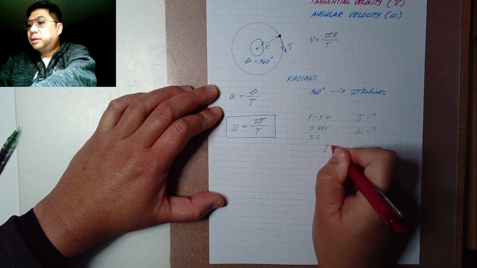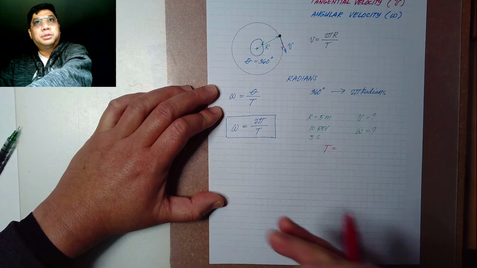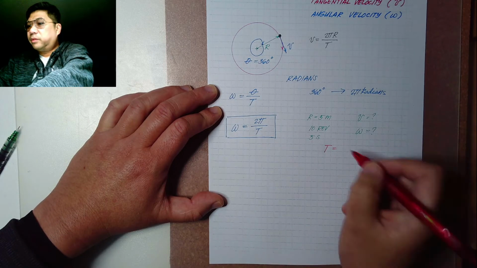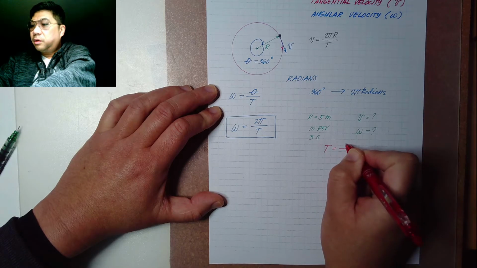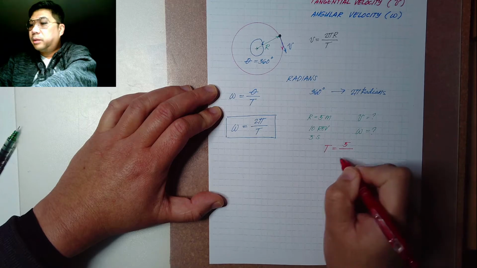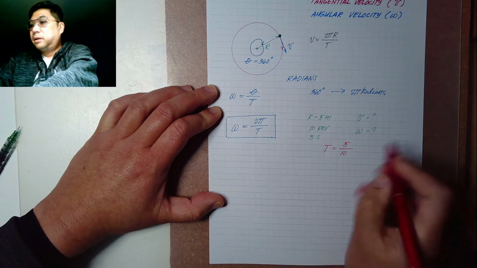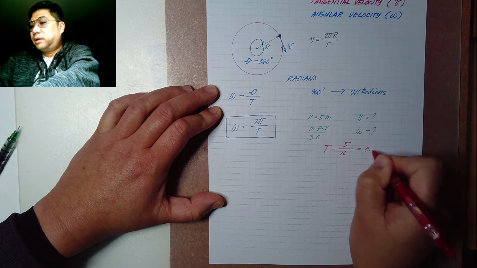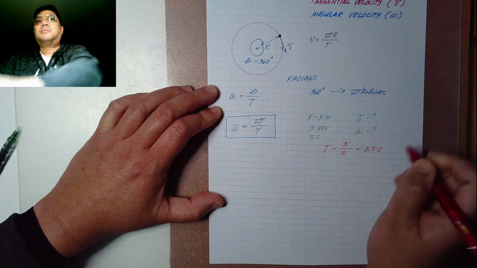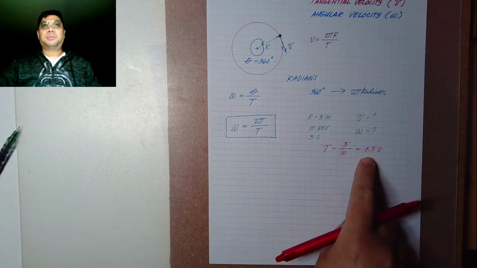Just like what I mentioned last time, we can use a modified version of period, which means we divide 5 seconds by the number of revolutions. 5 divided by 10 is equivalent to 0.5 seconds. So this is your period.